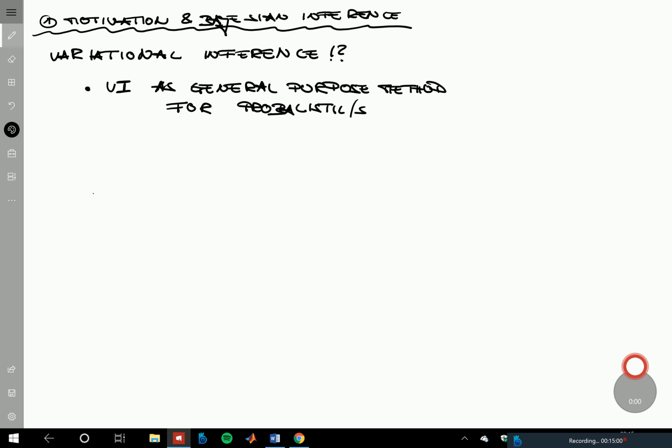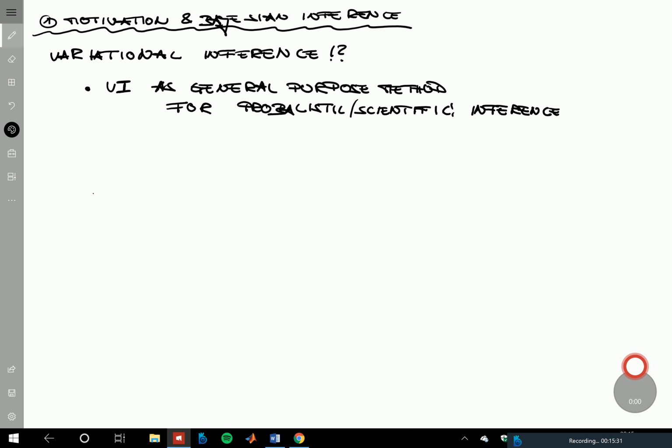That's the core motivation why I remain very interested in variational inference, variational Bayes methods, because it's an intellectual tool that you can use to do scientific inference.